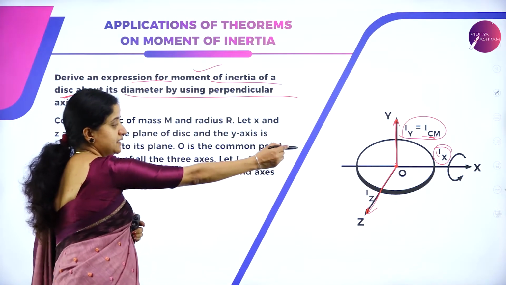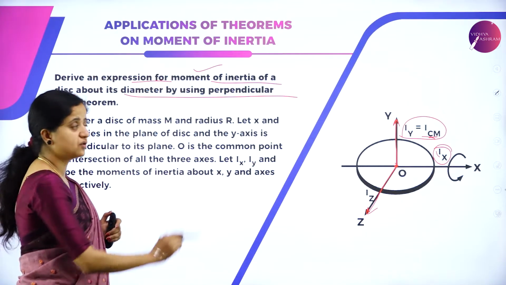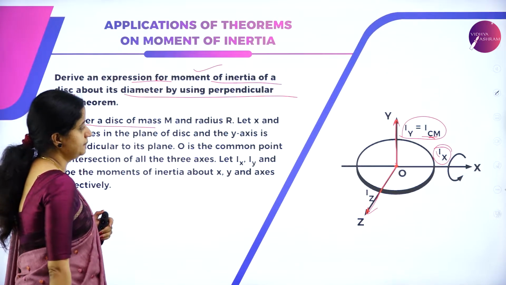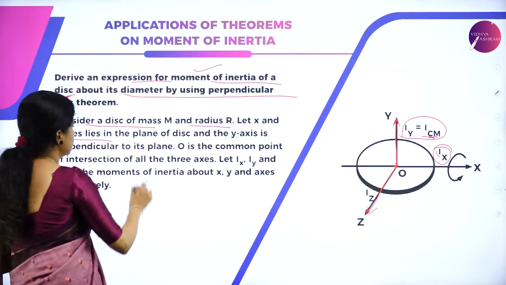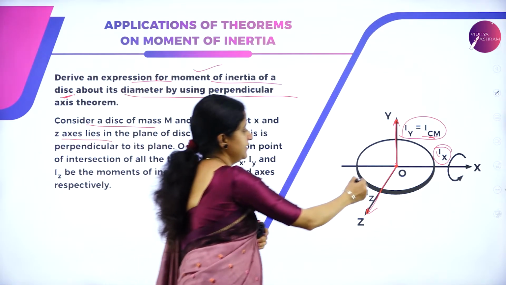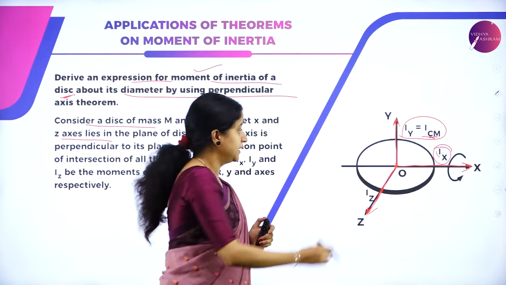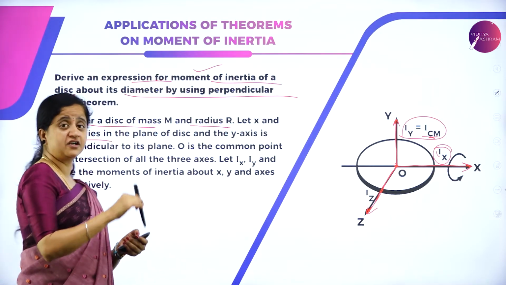So they all meet at a common point O. So O is the common point of intersection of all the three axes. So consider a disk of mass m which has a radius r. So the x and z axes lie in the plane. We are saying that in the plane the x and z axes lie, but y is perpendicular to the plane, or perpendicular to the disk.